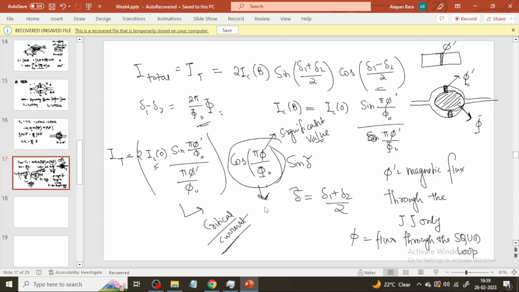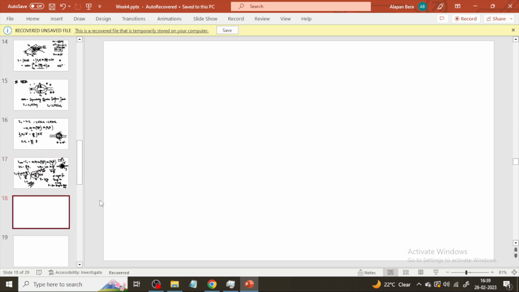So that is how, in comparison to a Josephson junction, the SQUID loop becomes much more important, and much more sensitive when we try to do any measurement. If we look at the use of a SQUID loop, this device is basically used to detect the magnetic field of a magnetic object, or the magnetization of a magnetic sample.